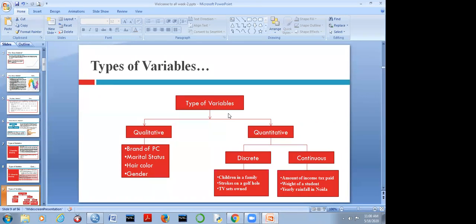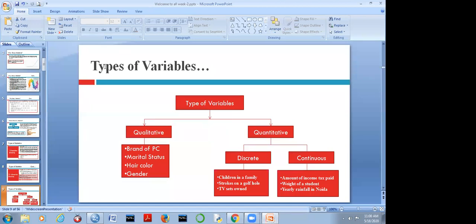So variables in statistics play a very important role. Let us understand what variables are and what the types of variables are. A variable is a name given to your data, to which you can assign a value. That is a data name.